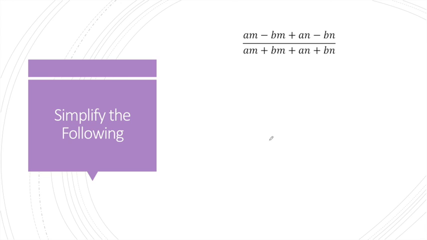Next, I'm going to need to factor this numerator and this denominator by grouping. So let's factor my numerator over here and my denominator over here. That's supposed to be a D. So I have AM minus BM plus AN minus BN. We're going to factor by grouping.